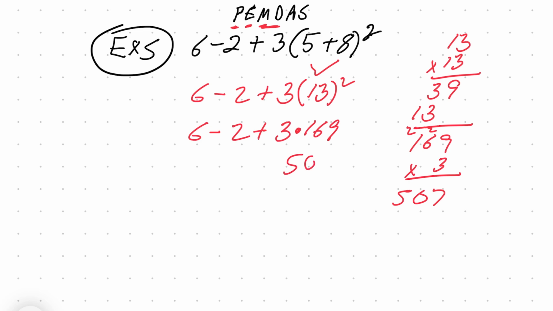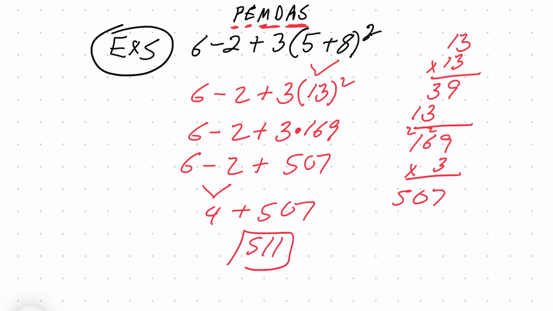So it's 507. Now we have the add and subtract. With addition and subtraction, it doesn't really matter if you work from left to right, but I prefer. So just go ahead and subtract 6 minus 2 is 4, plus 507 gives you 511. Okay, so that's your answer.